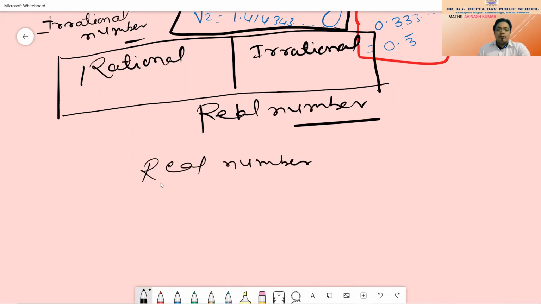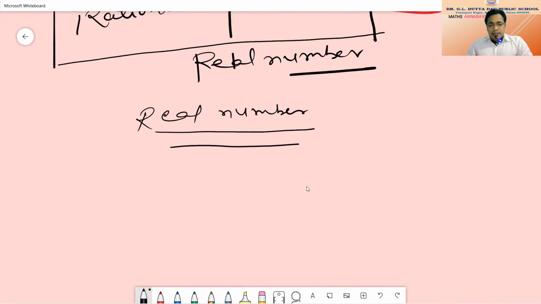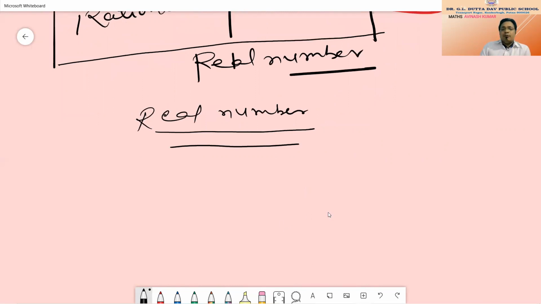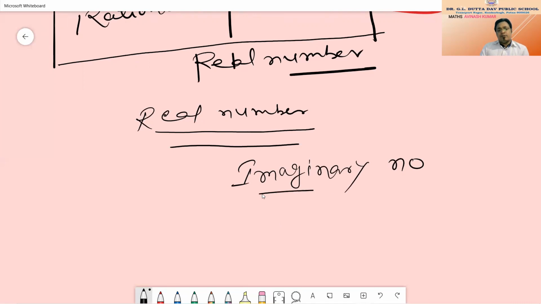Up to class 10, we should know only about real numbers. But after class 10, when we study maths in class 11, we will get a new kind of number, the imaginary number.